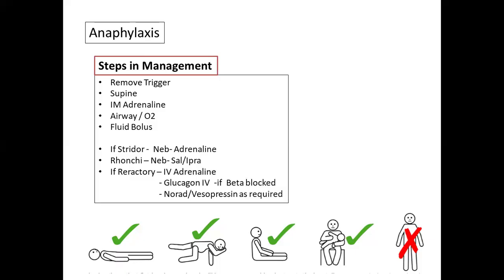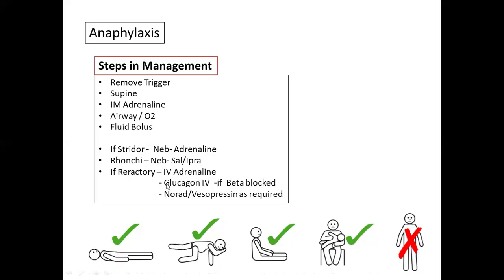And 10 minutes after the second dose of adrenaline, if there is no response, now we have come to refractory anaphylaxis, right? So if there is no response to 2 doses of adrenaline, that is refractory anaphylaxis.